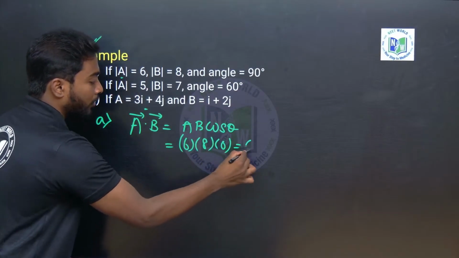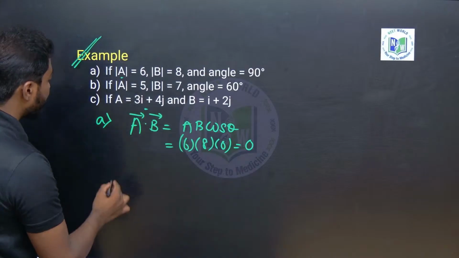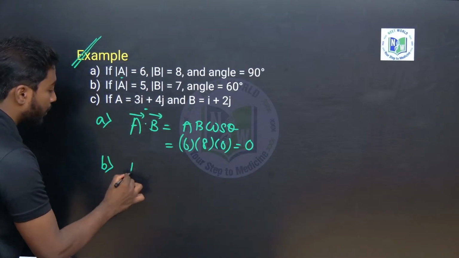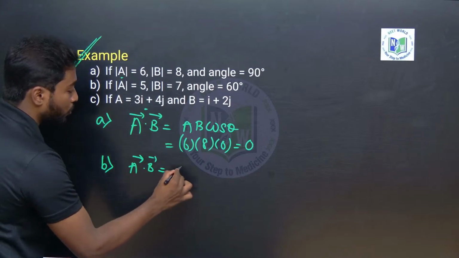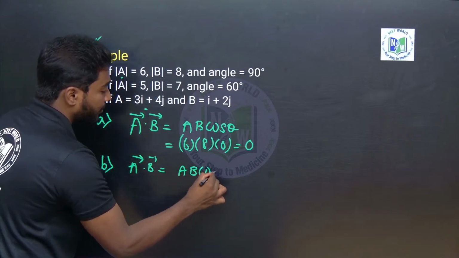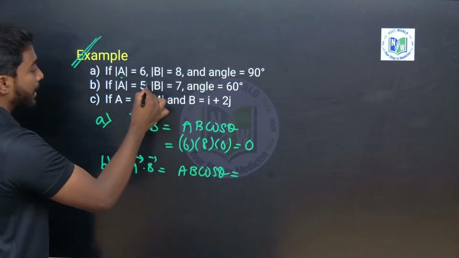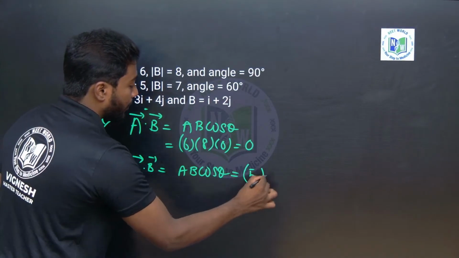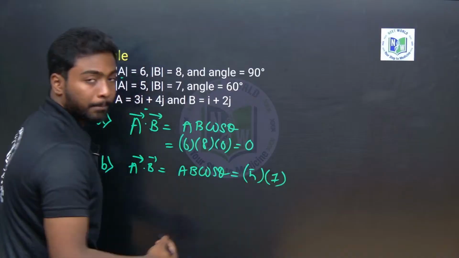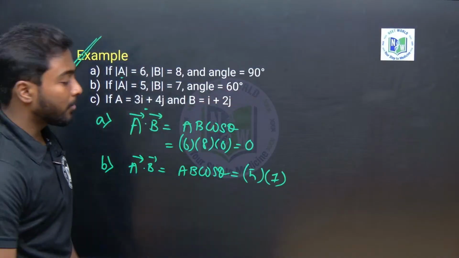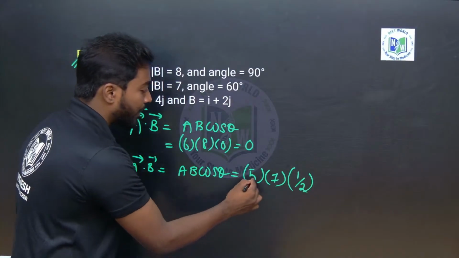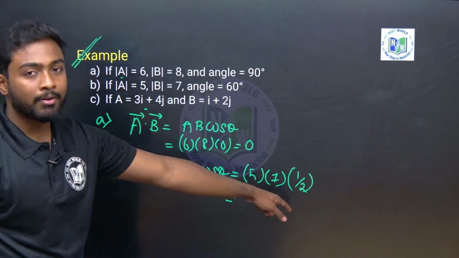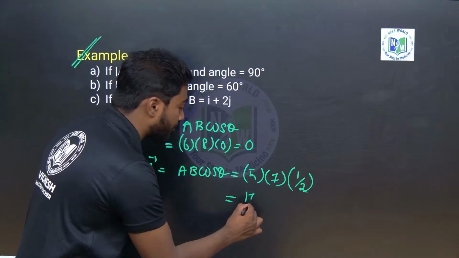So the total answer will be 0. Next one, A dot B is equal to AB cos theta, where A is 5, B is 7, cos 60 is 1 by 2. So 5 sevens are 35, 35 divided by 2, 17.5 is my answer.